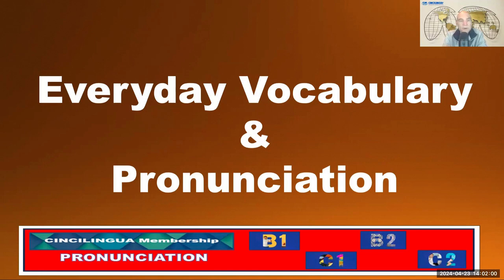Our class today, we are going to be looking at some everyday vocabulary. When I say everyday vocabulary, I mean vocabulary that we use very commonly. We use it every day, or maybe not every day, but most days. We're going to be practicing our pronunciation of some words, and we are going to be focusing on a particular letter of the alphabet.